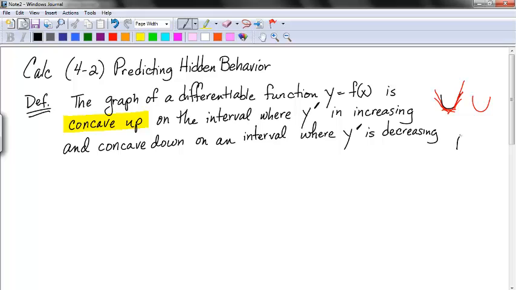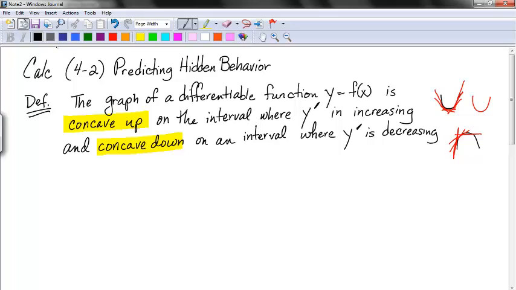So it's going to look like this. And if you look at tangent lines, okay, say this slope might be 8, and the slope of this tangent line might be 4, slope of this one might be 2. Okay, the slopes are decreasing. Okay, so that is concave down. Concave up and concave down.